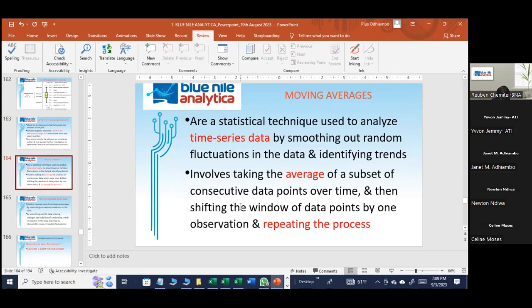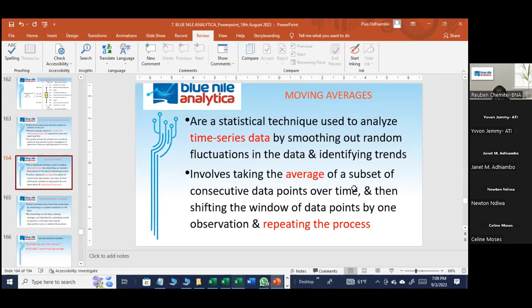Now, once you collect data which has a time component, we can do what we call smoothing by doing what? By doing the averages.